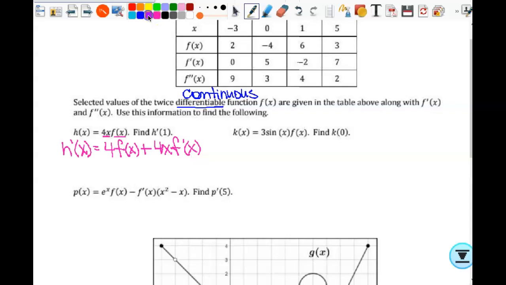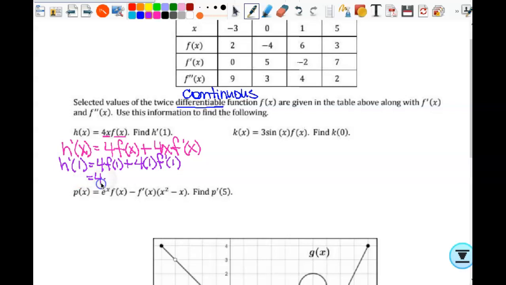So then I want h prime of 1. That's going to be 4 times f of 1 plus 4 times 1 times f prime of 1. Just substitute it in, right? Zero work there. So now I'll go find my stuff. What's f of 1? 6.